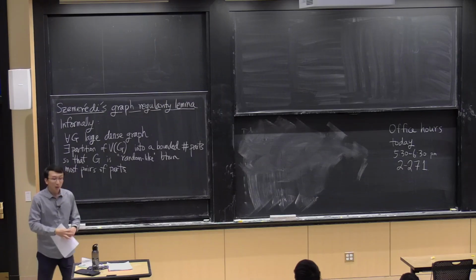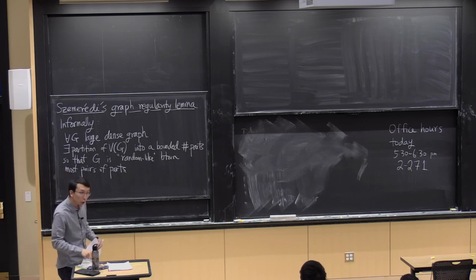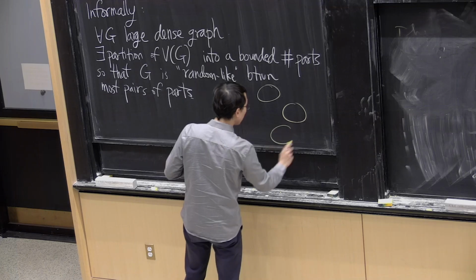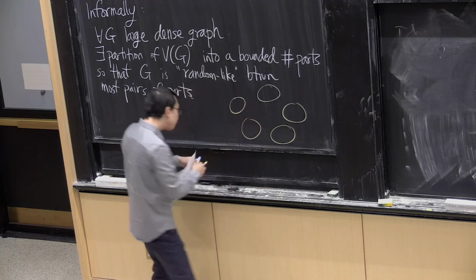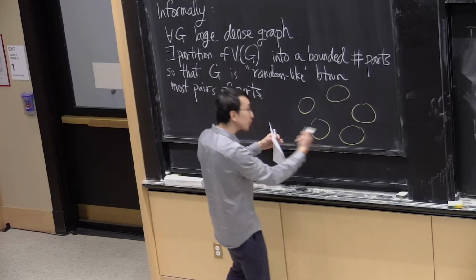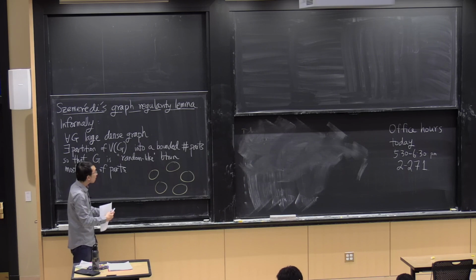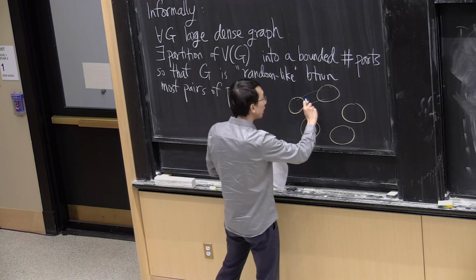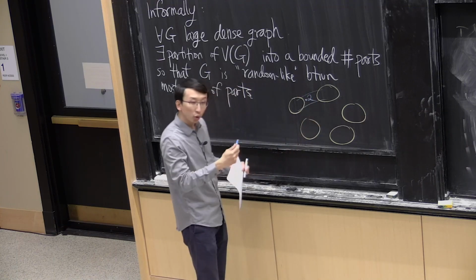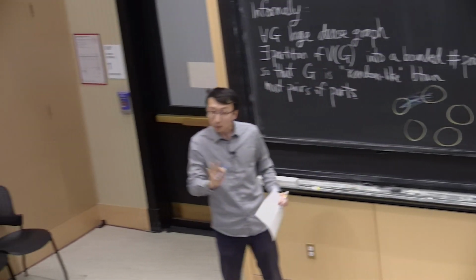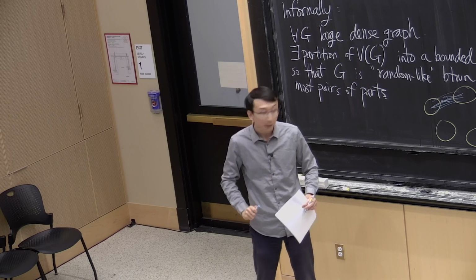So for instance, I might produce for you a partition of the vertex set into some number of parts. I'll draw 5 here. And so you give me a graph G. I manage to produce for you this vertex partition so that if I look at a typical pair of parts, you see here maybe the edge density is close to 0.2, but otherwise the bipartite graph looks like a random graph in some precise sense I will describe in a bit.